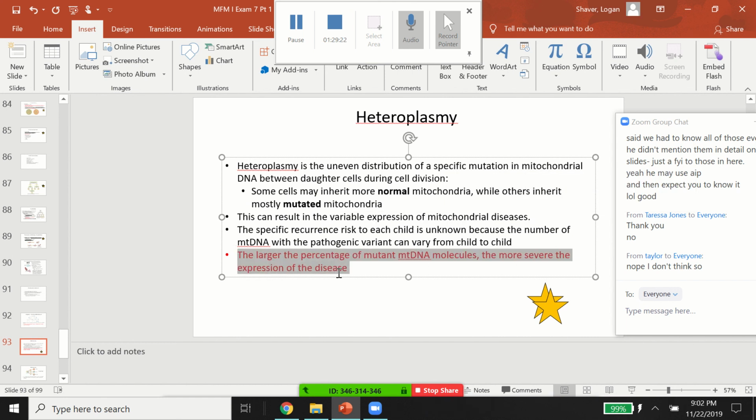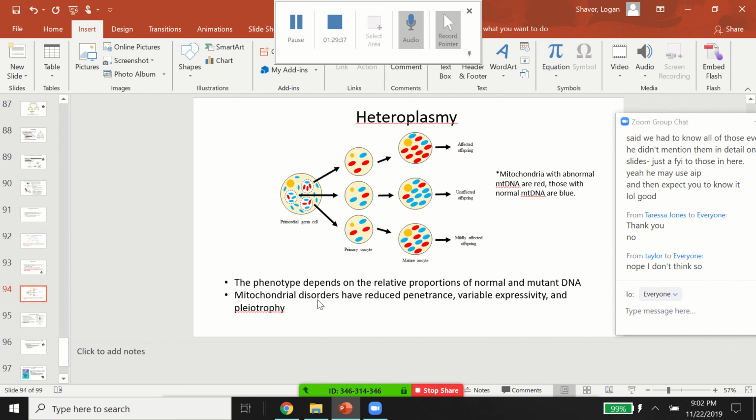But the thing that's important to note is that the larger the percentage of mutant mitochondrial DNA molecules, the more severe the expression. So the more mitochondria that have that mutant DNA, the more severe the disease is. Very important concept to know. This gives you more of a breakdown of how it works.